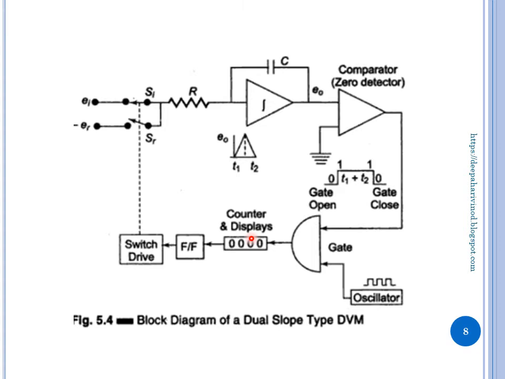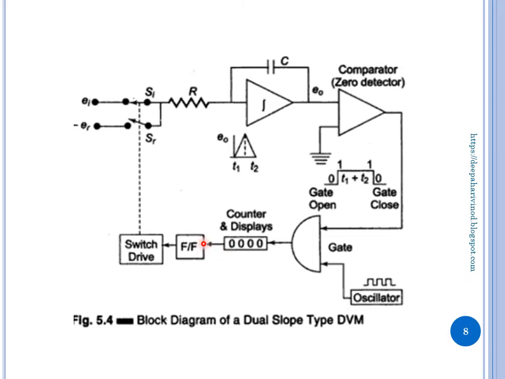When the counter reaches the maximum count, that is 9999, on the next clock all the digits become 0000 and the counter activates the flip-flop to logic 1.